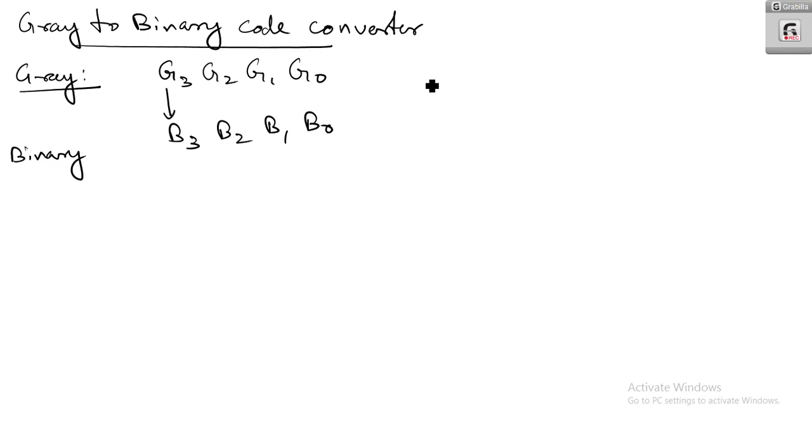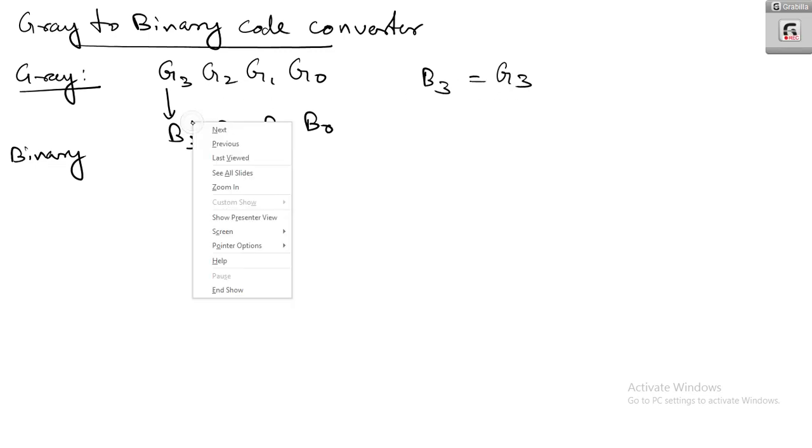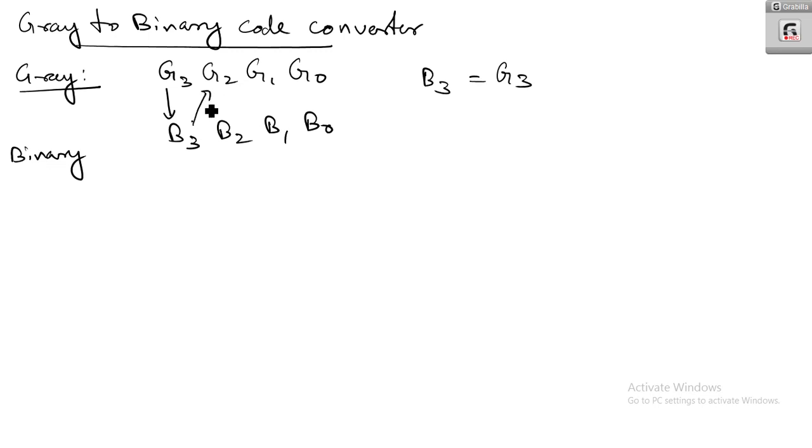You can see B3 is equal to G3 itself. And what is B2? These two things are XORed. So B2 is basically B3 XOR G2. You will get that code. Now what is B1?